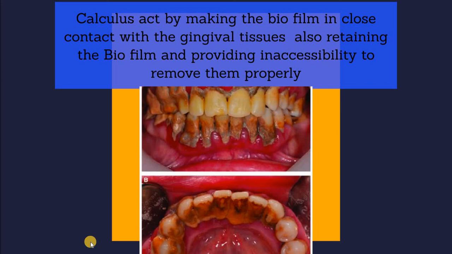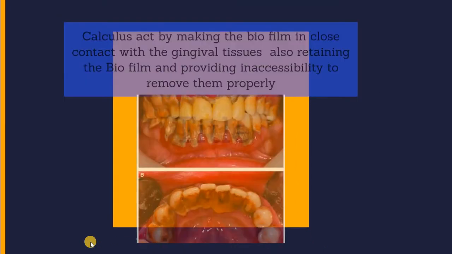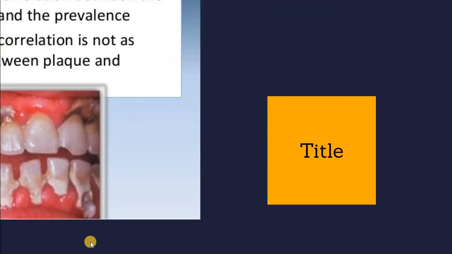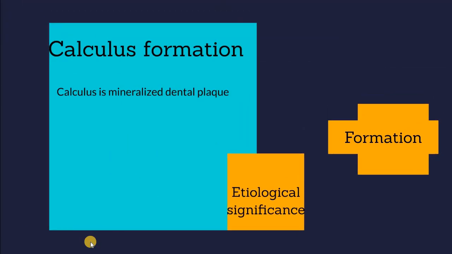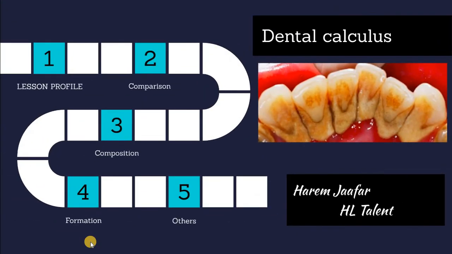Also it retains the biofilm or plaque and provides inaccessibility to remove the plaque properly, and that's why it will enhance the progression of the disease. So this is also calculus formation.